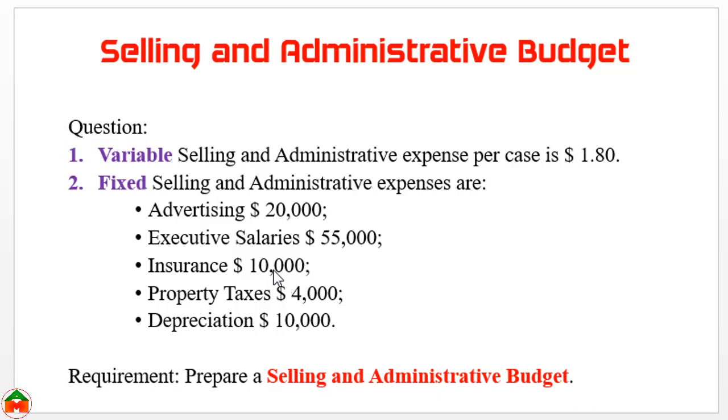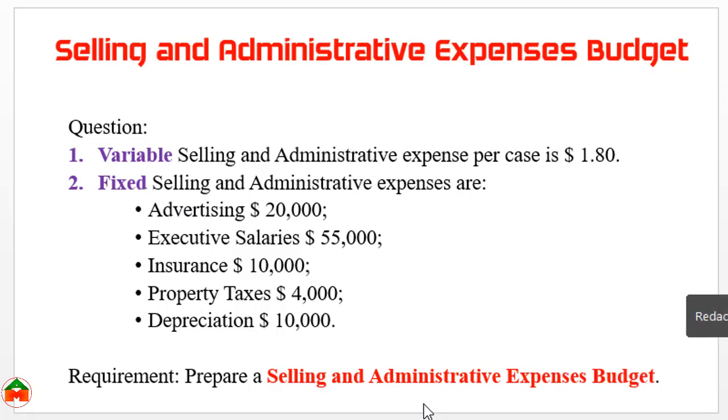Then the total amount should be shown in this budget. That means there may be a sub budget or supporting budget for salaries, insurance or any other expense, and the total of those budgets should be shown under fixed selling and administrative expense, but that should be non-manufacturing expense. Now we are going to prepare the selling and administrative expense budget.